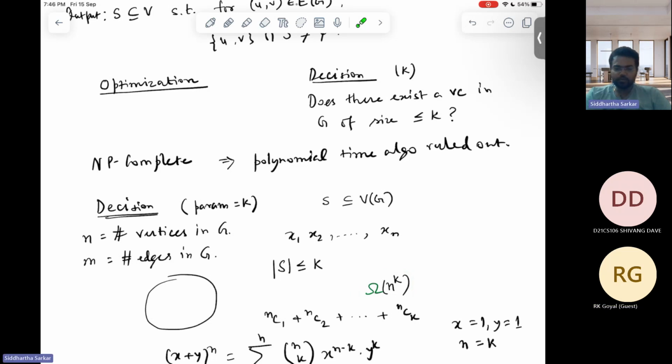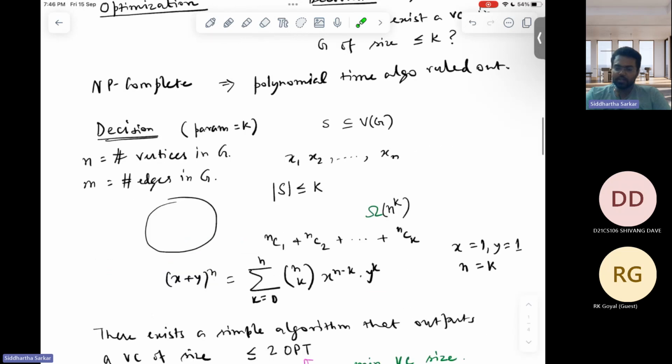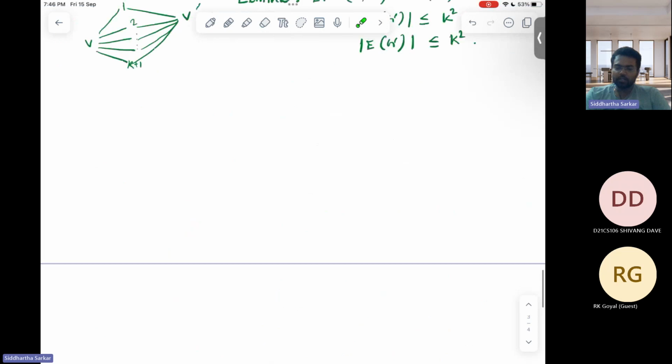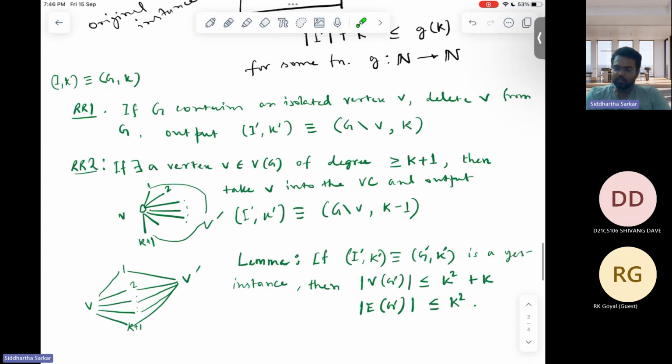Now we have used this kernelization trick. So instead of n vertices and m edges, now we have a very small graph, in fact a graph with no dependence on n and m in its size. You have k square plus k vertices and k square edges.